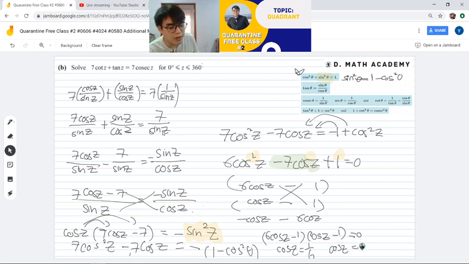So since both of them are positive, your answer could only be landing in the first quadrant or the fourth quadrant. Okay, change your calculator mode back into degree because this question is using the degree method.